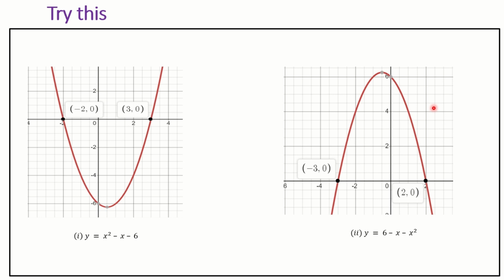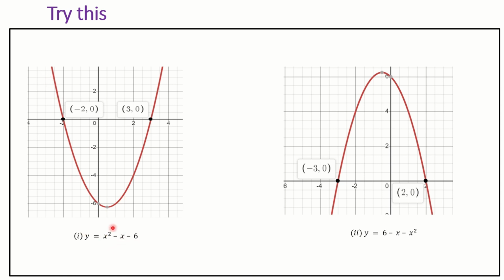In the textbook, try this part. He has given a few polynomials, that is x square minus x minus 6, and asked us to draw the graph. So the graph looks like this. How do you draw this graph? Basically take a few x values, starting from the negative side to the positive side, maybe minus 2, minus 1, 0, 1, 2, 3.